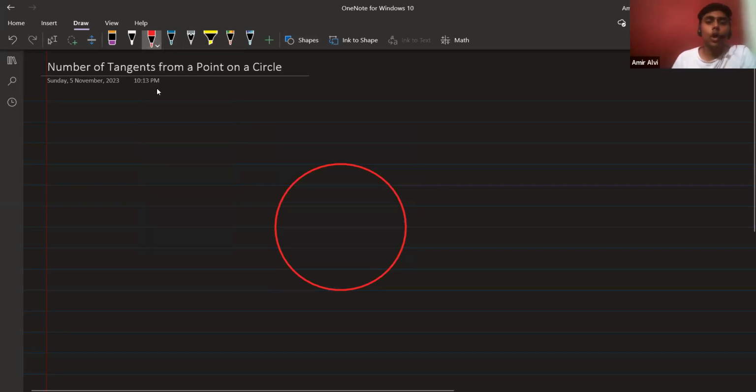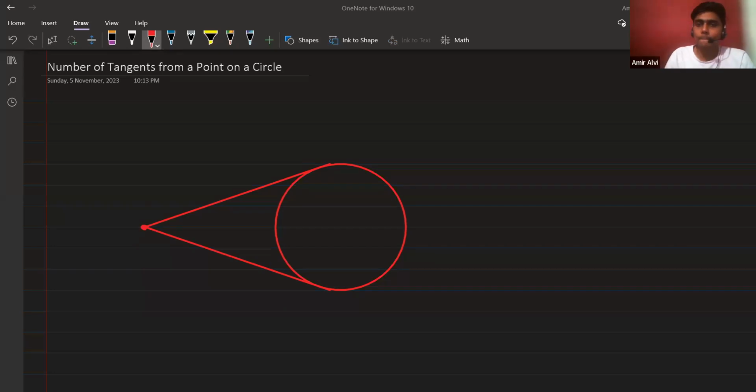I'm just telling you how many tangents will be there from a common point. I have to draw tangents on this circle. So one tangent will be this, and one tangent will be this. So a maximum of 2 tangents can be drawn from a given point. Clear, everybody?